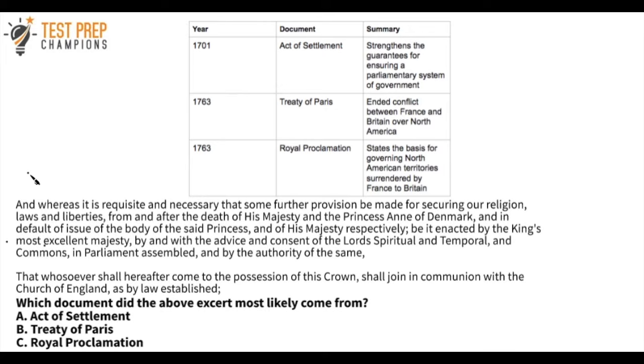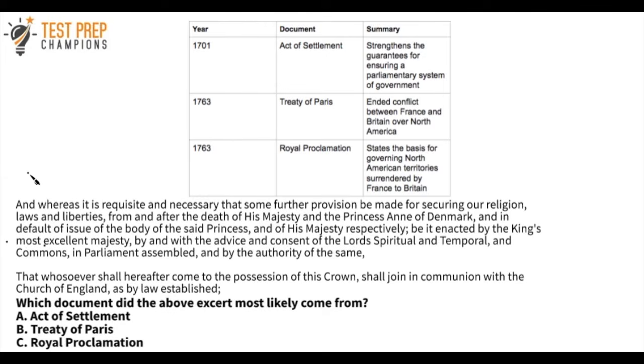And then we have the following excerpt, and the excerpt says, "And whereas it is requisite and necessary that some further provision be made for securing our religion, laws, and liberties from and after the death of His Majesty and the Princess Anne of Denmark, and in default of issue of the body of the said Princess and of His Majesty respectively, be it enacted by the King's most excellent Majesty, by and with the advice and consent of the Lords Spiritual and Temporal, and Commons and Parliament assembled, and by the authority of the same, that whosoever shall hereafter come to the possession of this crown shall join in communion with the Church of England as by law established."